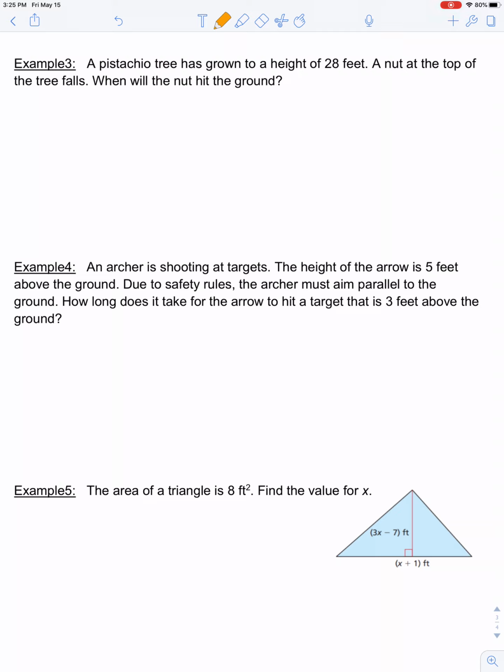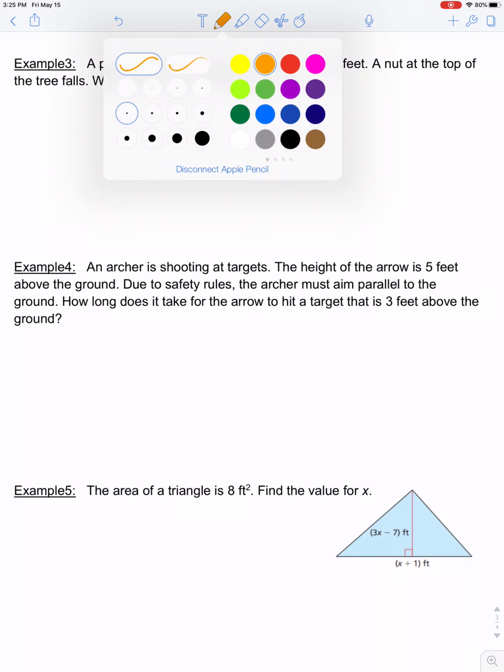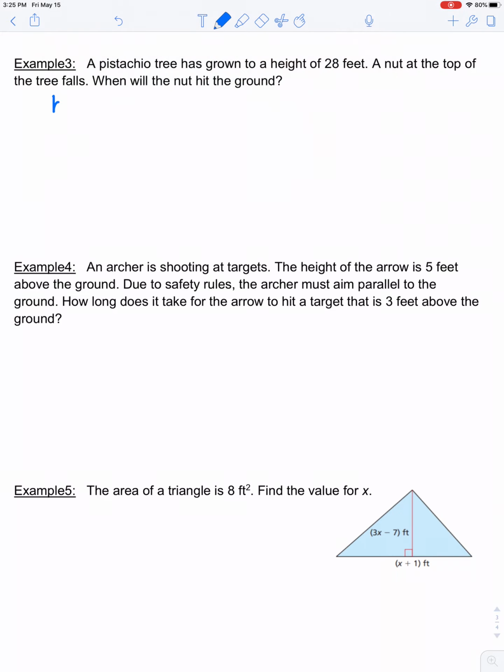So this is like your egg drop, where you start h sub t, negative 16t squared, no velocity, so we're just adding 28 in that because it's just a drop. Now this is actually a little easier. When it will hit the ground, well, that's when the height is 0.